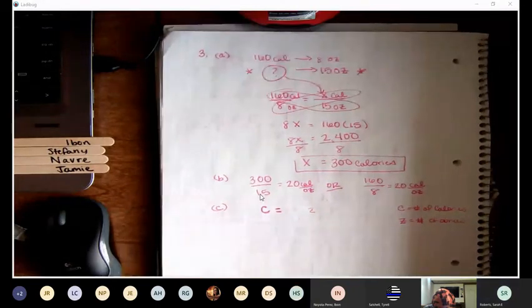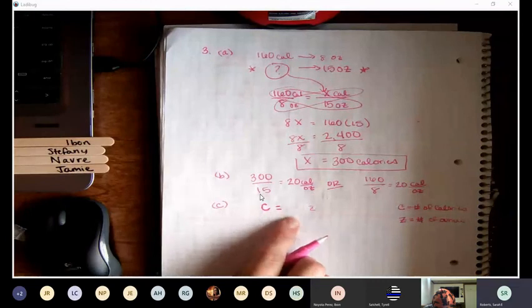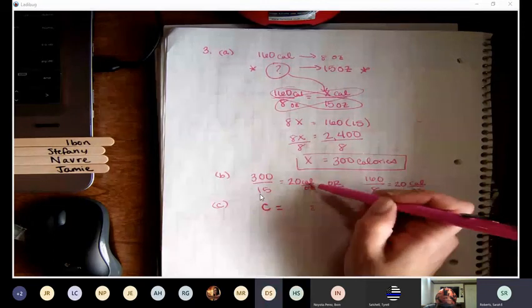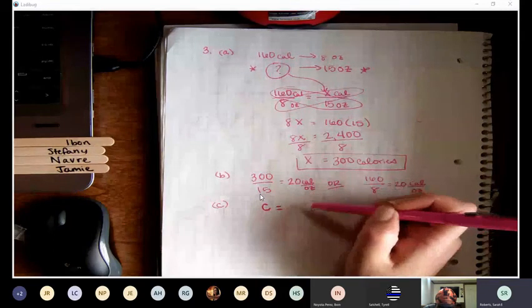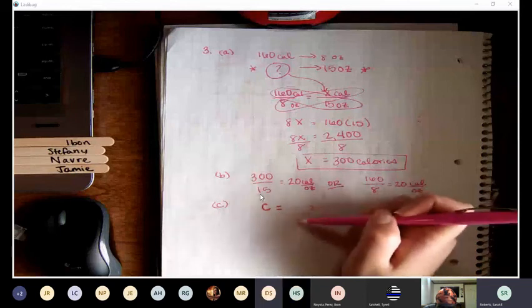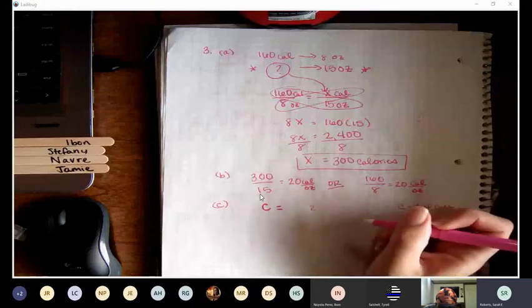So our C is going to be equal to what times, or divided by Z? What do you guys think? If there are 20 calories for 1 ounce, how would we calculate the number of calories if we knew the number of ounces?